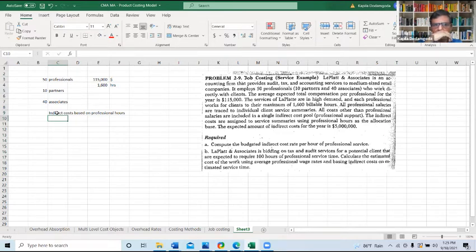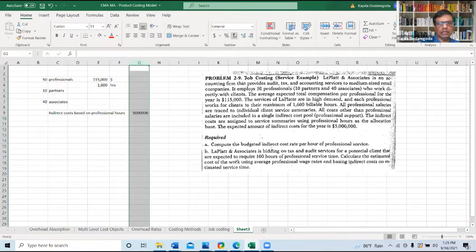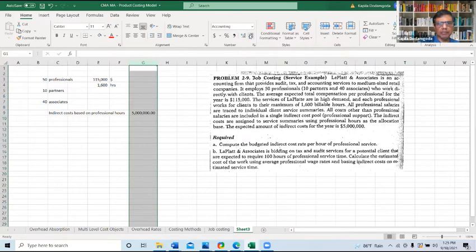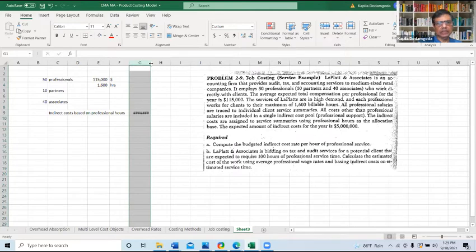The expected amount of the indirect cost is 5 million. Okay, so that is what you have. The budget amount is 5 million. This is the information that is given to us.